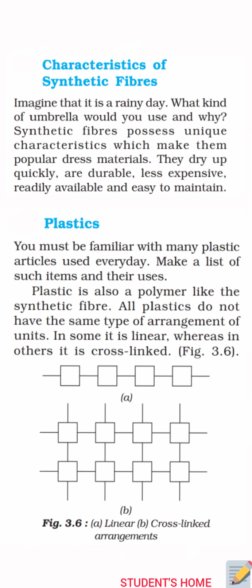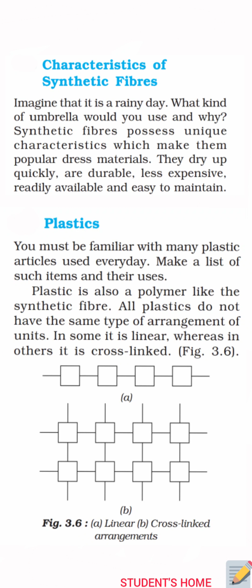So now we will see some of the things that are made from synthetic fibers and how they are useful to us. So first is plastics. You must be familiar with many plastic articles used every day. Plastic is also a polymer like the synthetic fiber.